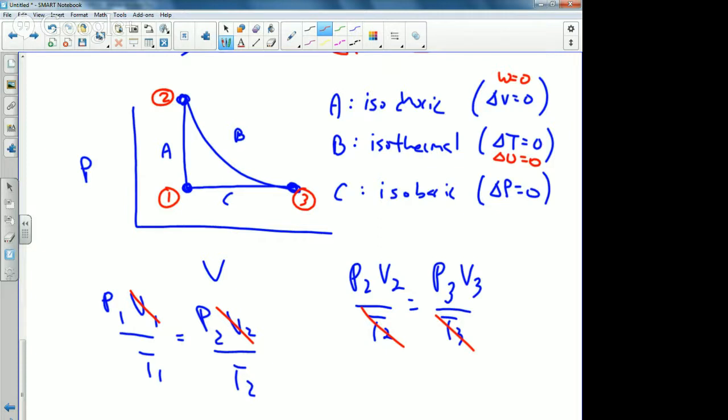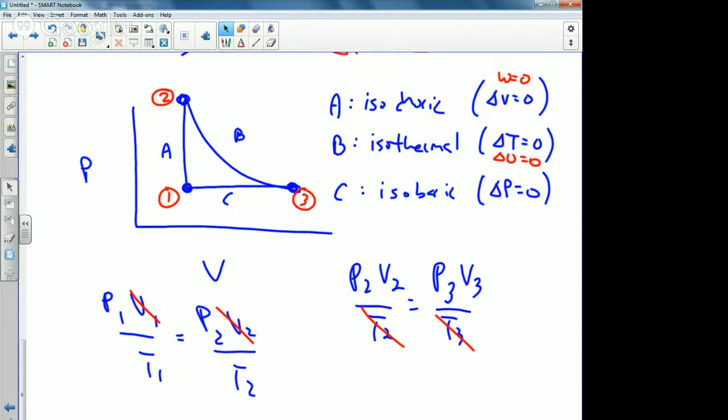Anyway. And it's not uncommon, of course, to have a part 2 question that looks like this. Yes, Fatima? If you're trying to find the work, would it be inside of the triangle or underneath the triangle? Area underneath. No, trying to find the work of this entire cycle, it would be the area inside. Okay?